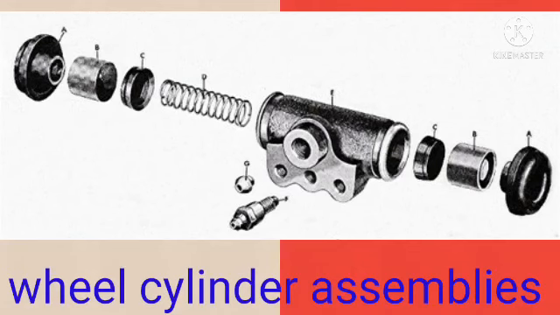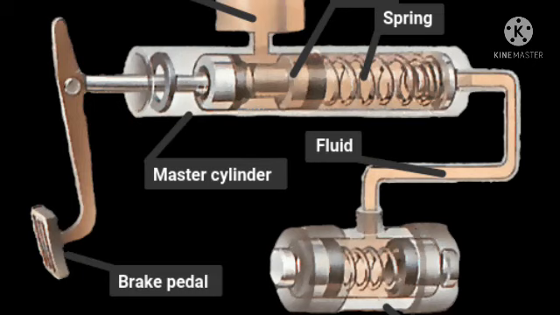The wheel cylinder operates the shoe and linings or the disc pad. When the driver presses on the brake pedal, the force applied to the pedal is magnified by a simple linkage mechanism. The force is then transmitted by the hydraulic system through pipelines and flexible hosing to each brake.